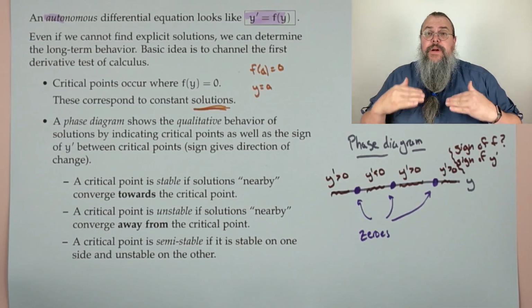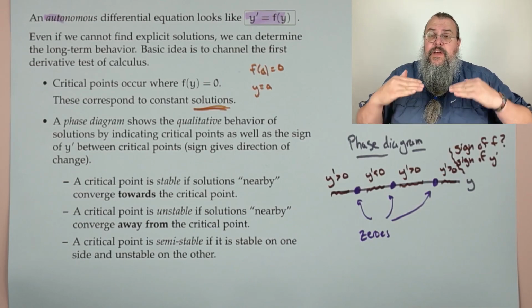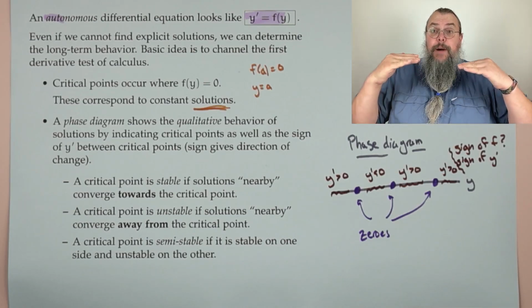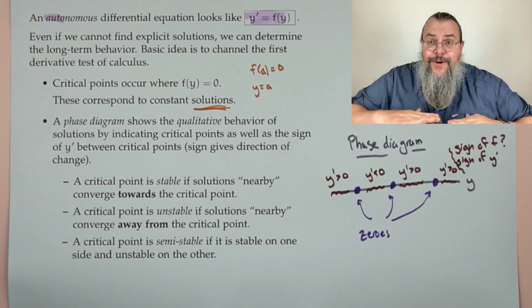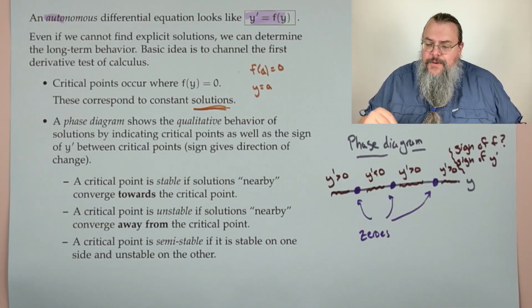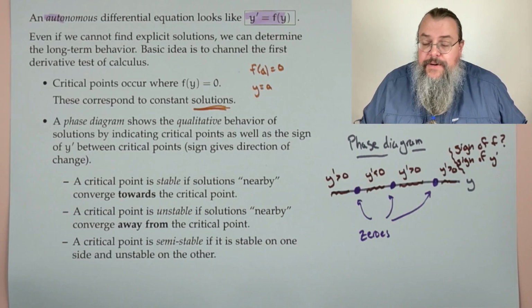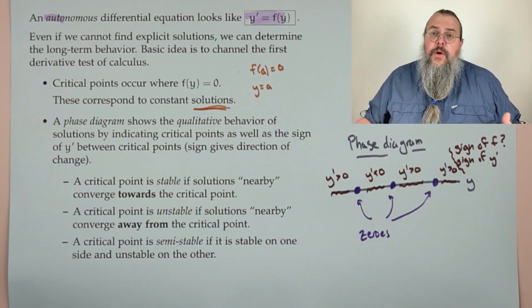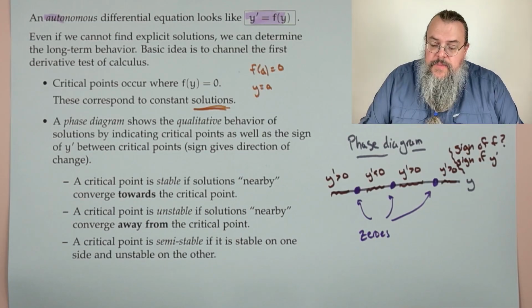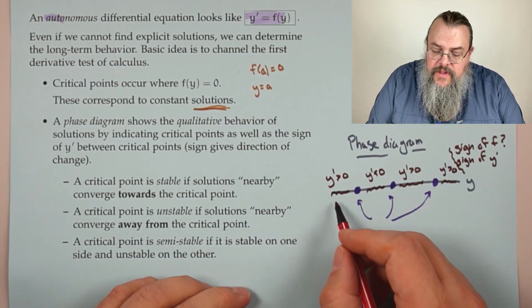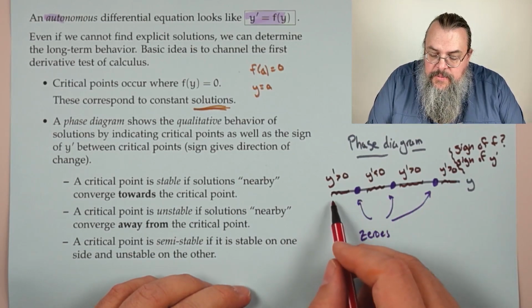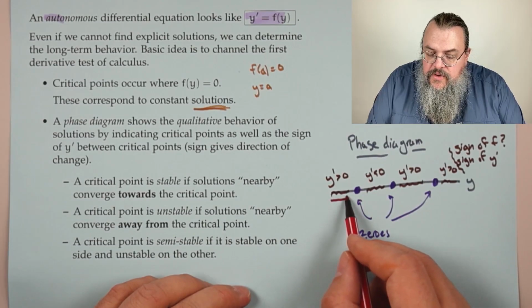To say y prime is positive says that y is going up. Y prime negative, y is going down. How does that translate into our diagram? Going up means moving to the right.